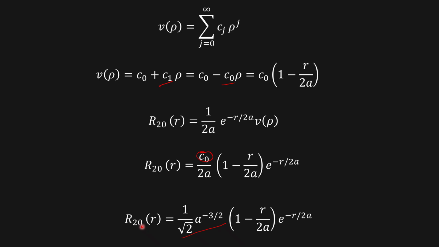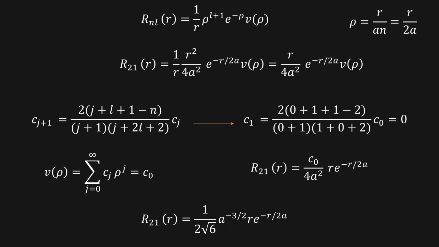Now we will see the radial equation for n equal to 2 and l equal to 1. As usual, R_nl of R is equal to 1 over R, rho power l plus 1, e power minus rho, v of rho. Here n is equal to 2, so rho equals R over 2A.